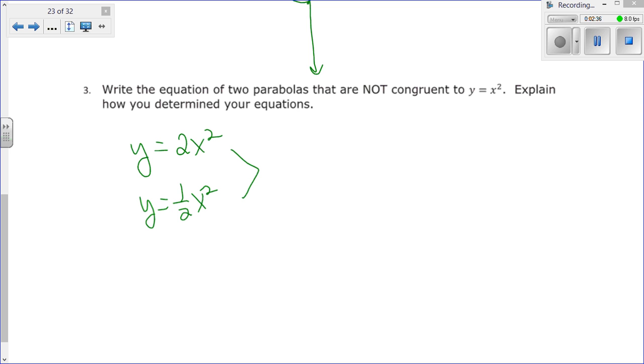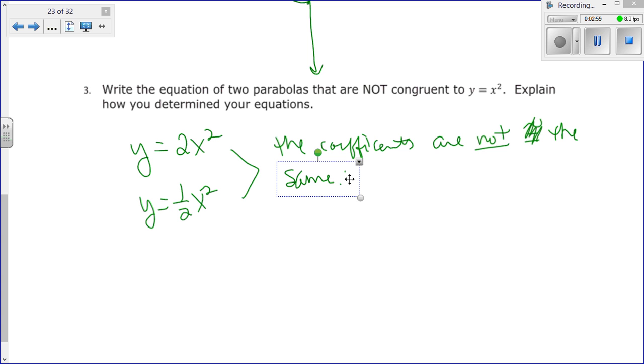And here, the coefficients are not the same. Therefore, they are not congruent.